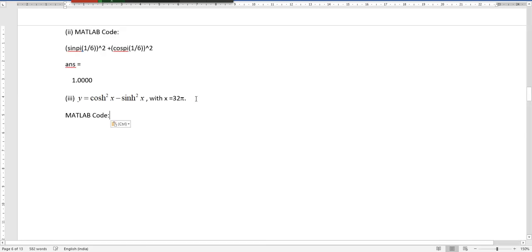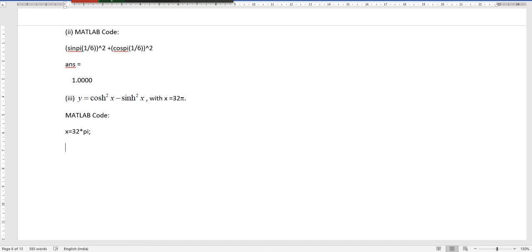Calculate the y value when x equals 32 pi. First assign x equals 32 into pi. I will use a semicolon, since the x value is not required to be displayed.